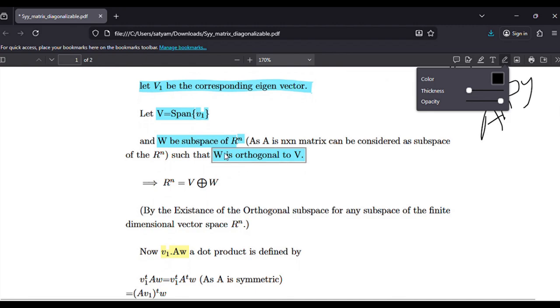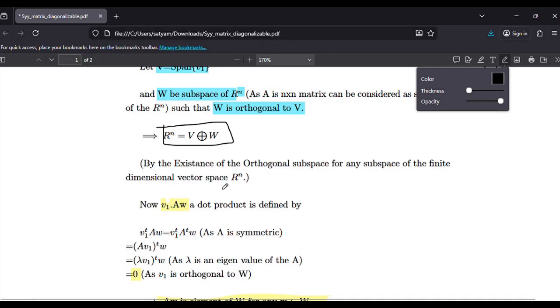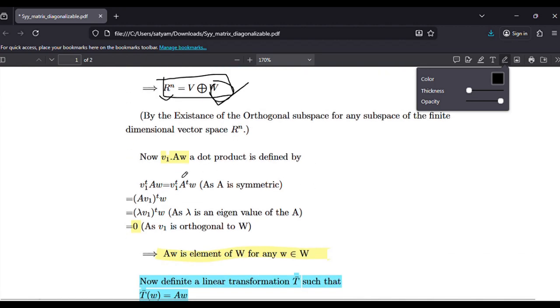So Rn is equal to the direct sum of V and W. If you want to prove this, I will prove it in another lecture. By the existence of orthogonal subspace theorem, for any subspace of a finite dimensional space we have an orthogonal subspace such that their direct sum is Rn. Obviously Rn is an n-dimensional vector space.